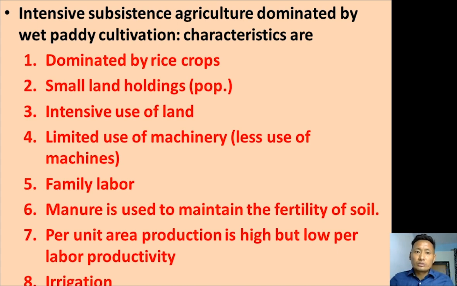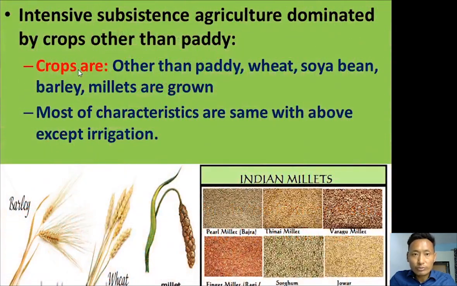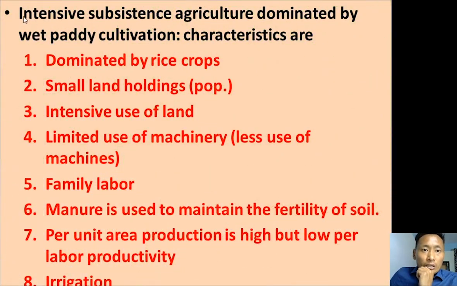So following are the characteristics of areas dominated by rice crops. We know what is meant by intensive. Intensive means intensive use of land. That means they are cultivating two or more crops on the same agricultural land during one year. Because of that, it is called intensive. Dominated by rice cultivation means that in a year, on a particular agricultural land, they are mostly cultivating rice.